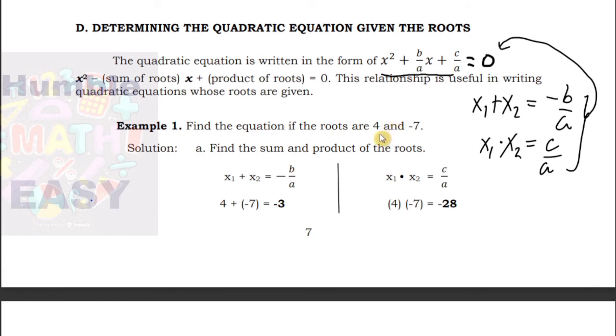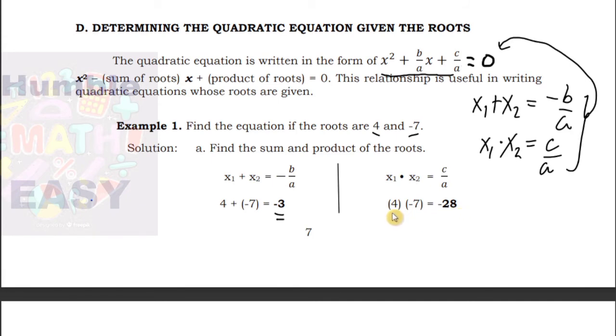If the roots that we have are 4 and negative 7, if we add them up, we have negative 3. So the sum of 4 and negative 7 is negative 3, while its product, which is 4 times negative 7, is equal to negative 28.